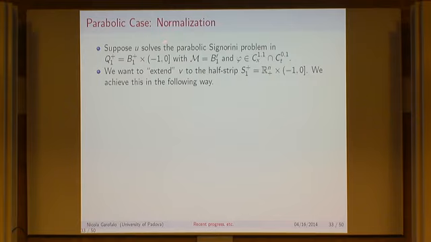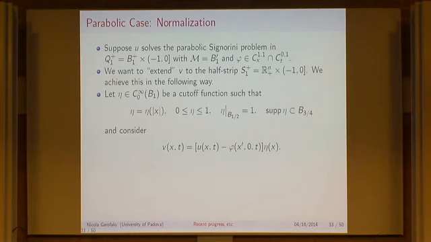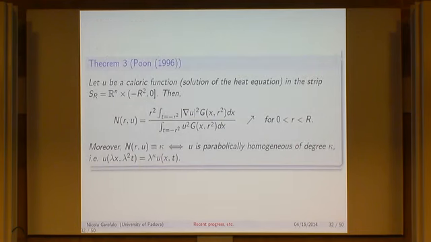So the first thing that we need to do, let's go back for a second to Poon's result. Let u be a caloric function in the strip. So this is a global statement. However, when we work with the Signorini problem, we have a local solution. So we somehow have to cut it off so that we extend it to a solution to a global equation.